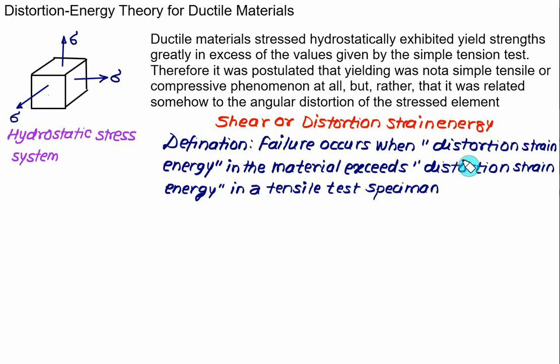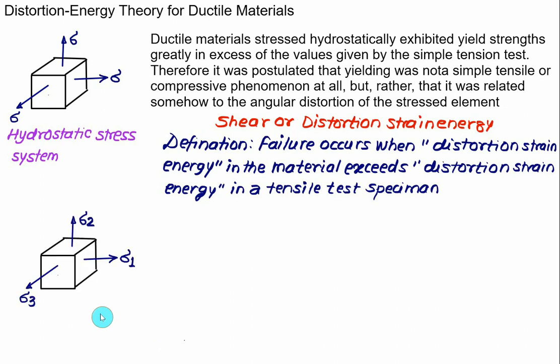So you first calculate the distortion energy in the material, and then the distortion energy in a tensile test specimen. If the distortion strain energy in the tensile test specimen is always higher than the distortion strain energy in the material, then the material will not fail. Otherwise, the material will fail.